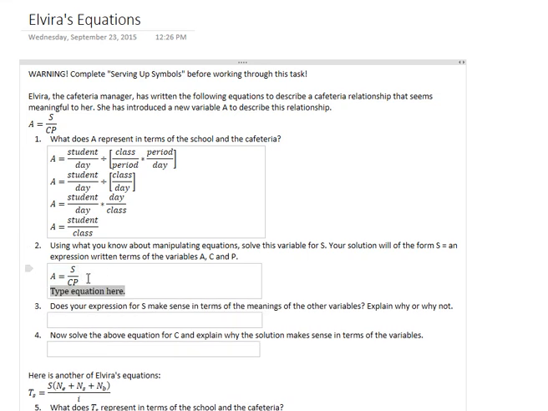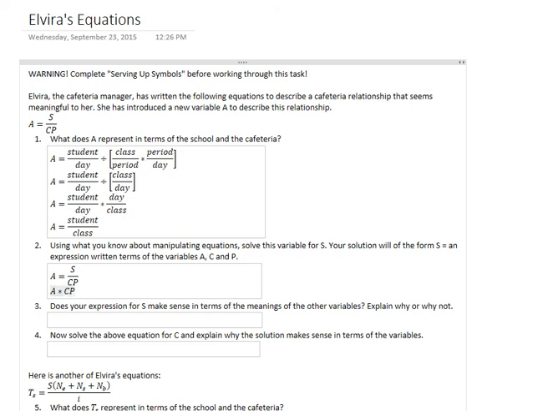If you notice, we have S on the top of our fraction, and then S is being divided by CP. CP, remember, is just a number. If I want to undo division, I need to multiply, which means I'm going to multiply both sides by CP. So let's go ahead and do that.